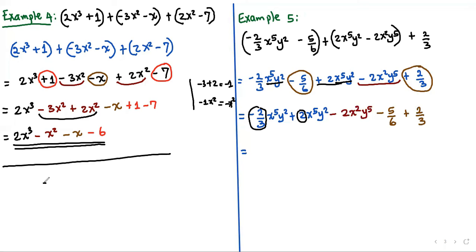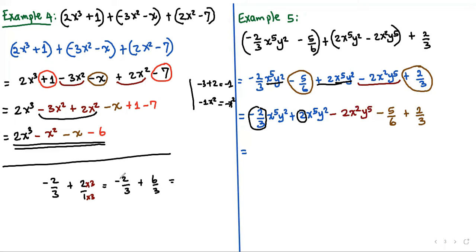We are having minus 2 out of 3 plus 2. So let's consider these two as out of 1, and then we add the fractions. So we need to get the LCM of 3 and 1, and that is 3. So let's multiply 1 by 3 and 2 by 3, so that we get negative 2 out of 3 plus 2 times 3, that is 6, and 1 times 3 is 3.